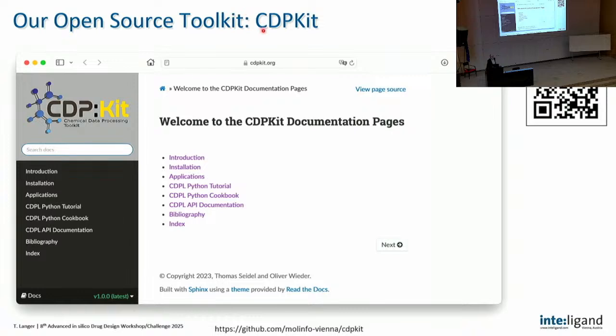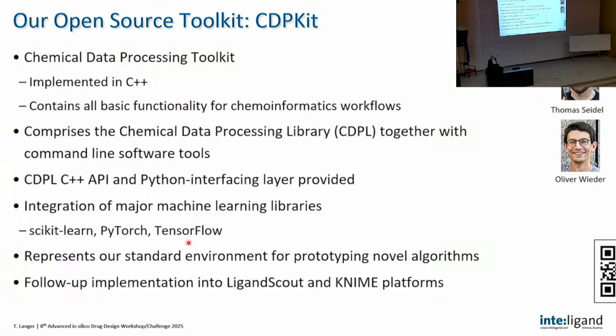This is the CDP kit from Thomas Seidel and Oliver Wieler in my group. There's a GitHub page, and this is the QR code here. You can even download executables to install. You also have applications for a few functions, but mostly it is implemented in C++.